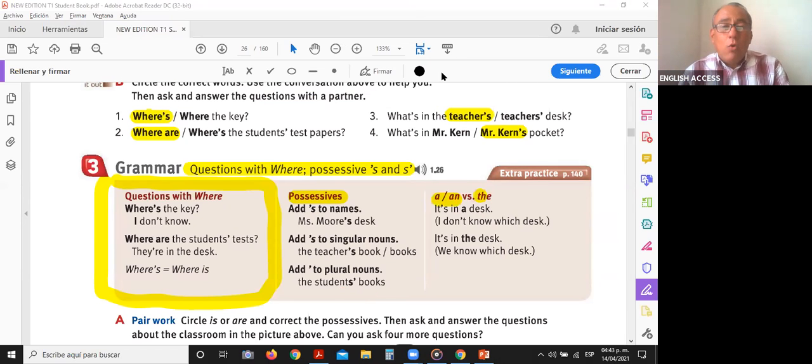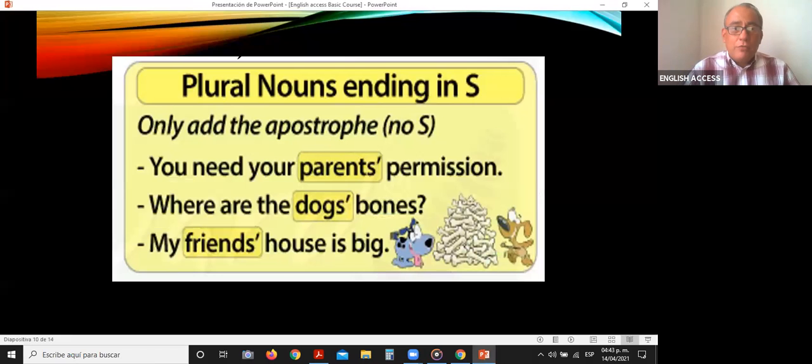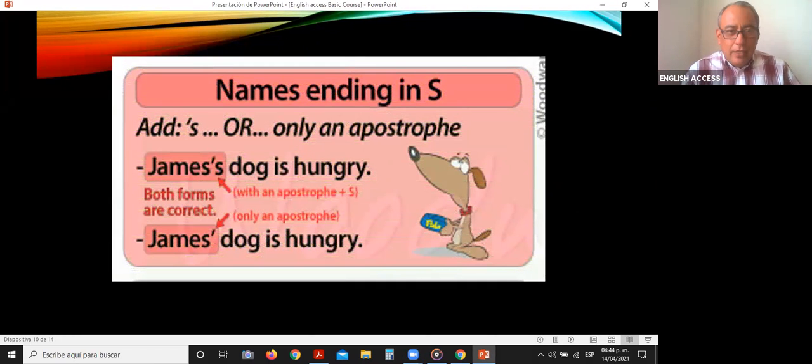Okay, and finally, one more piece of information for you guys. Using names. Some names end in an S, and in this case we have some names ending S. For example, James, like James Bond.